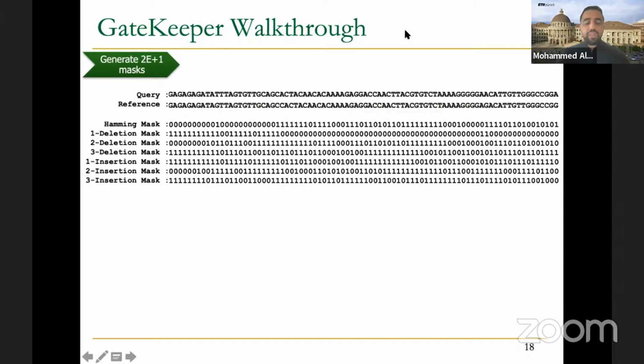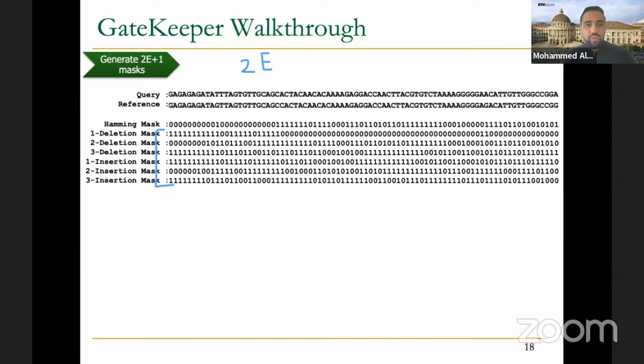Now, if they don't pass the Hamming distance, we build this set of vectors. How many of them? As we said, there are 2E. What is E? E is the edit distance threshold. How many edits you want to tolerate? 3, 4, 5, 6, right?